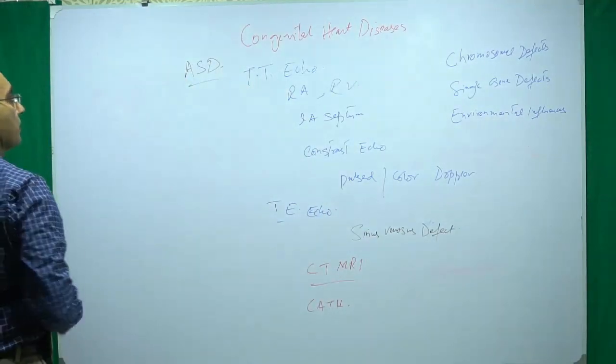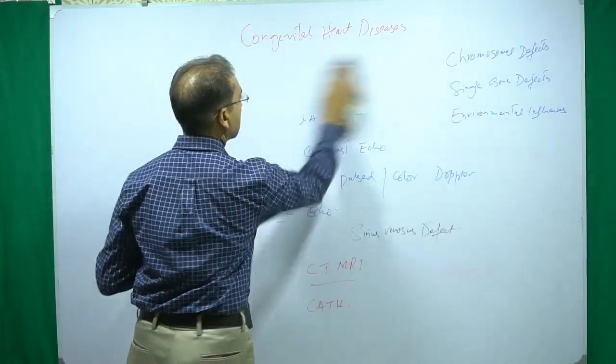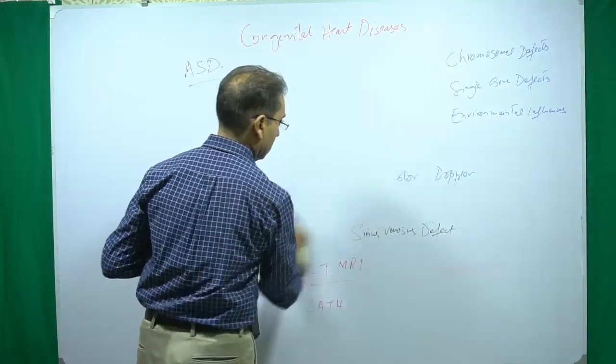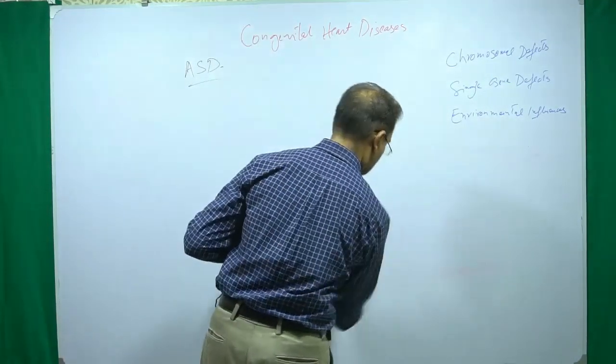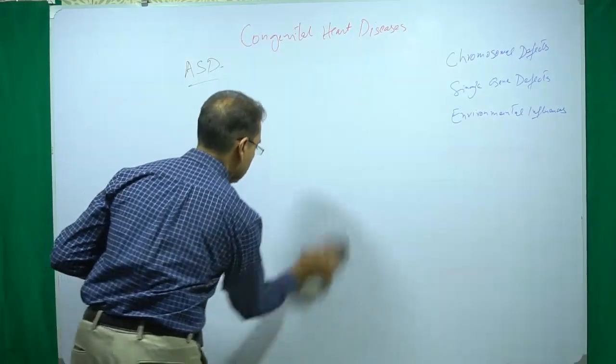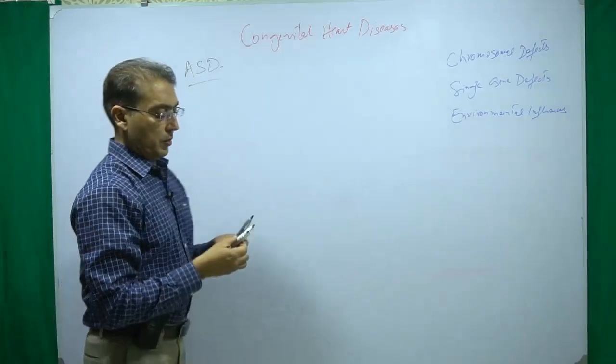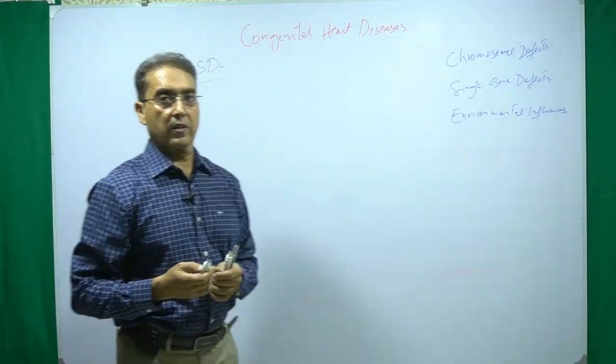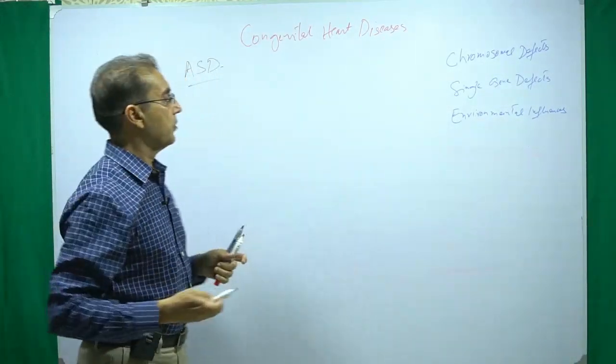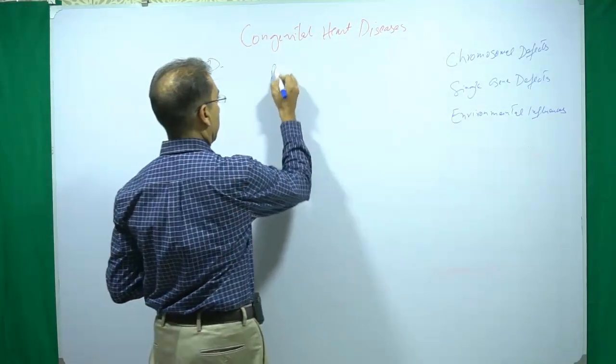Now, what's the treatment? There is a rent in the interatrial septum. The treatment should be a repair of that rent.